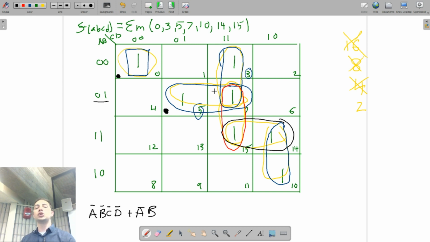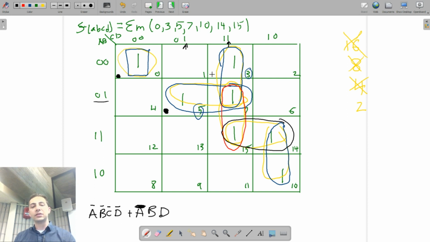Now it spans 2 columns. Between 2 columns, one variable or one literal is going to change and one's going to stay the same. So the one that stays the same is this one. It stays 1. So it's going to be D. It's not C because C changes from a 0 to a 1, so C is not involved. So that's A bar B D.